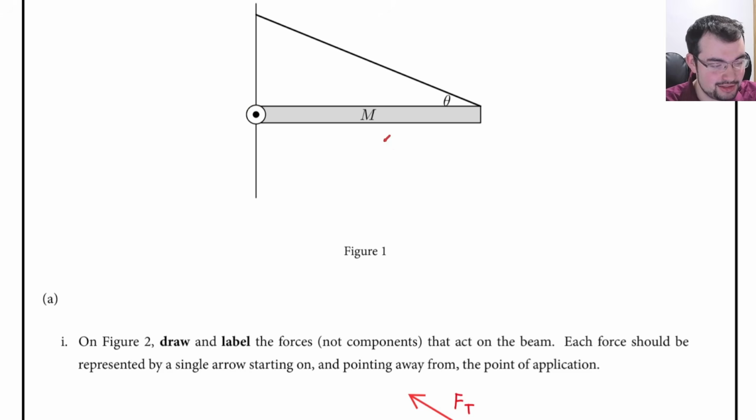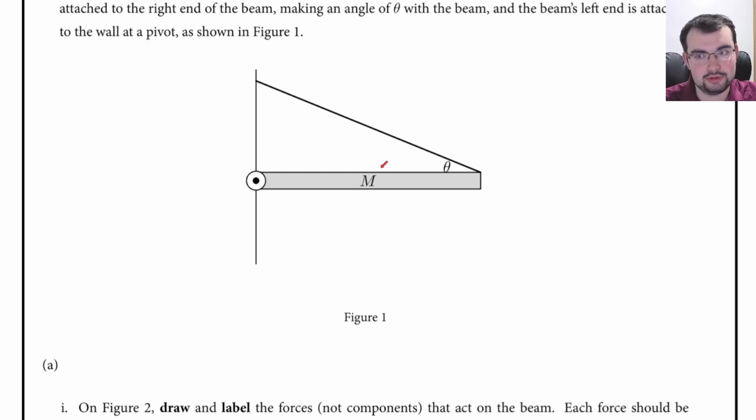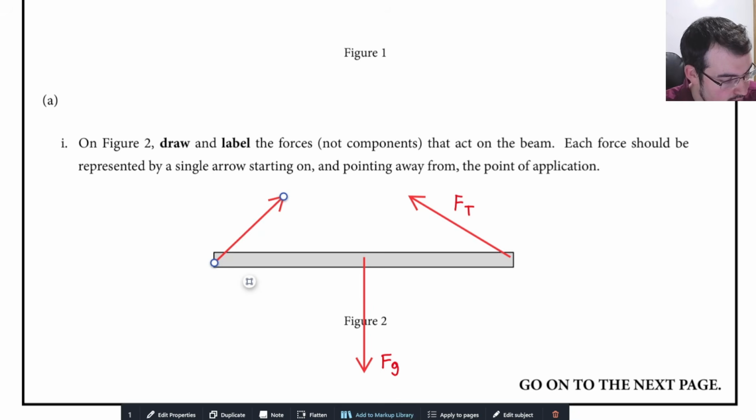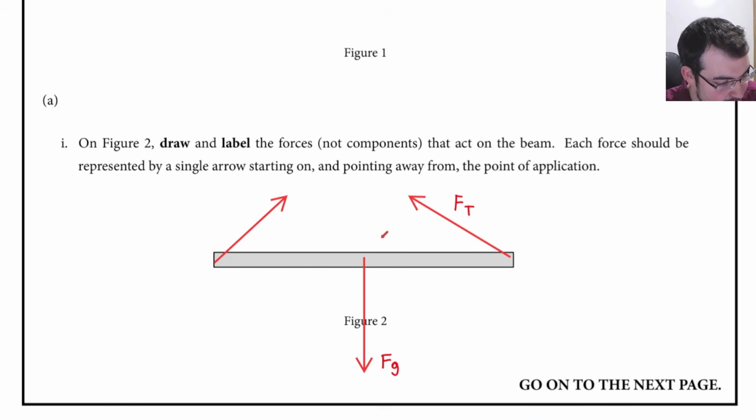And whenever you're connected to something, you get a contact force or a normal force. So the pivot point itself is going to exert some force. Maybe I'll try to at least balance the components there. And you can call this whatever you want. I'm going to call it a normal force. Sometimes it's called a hinge force or a force from the wall, anything like that.